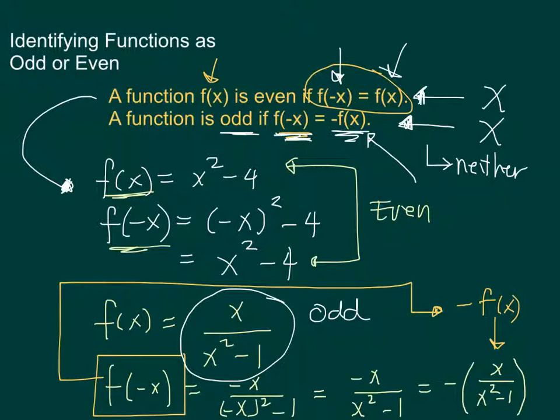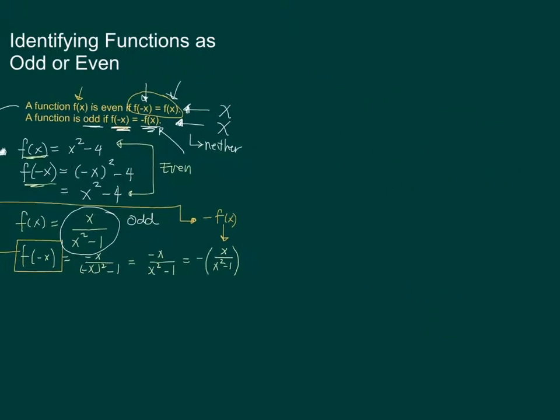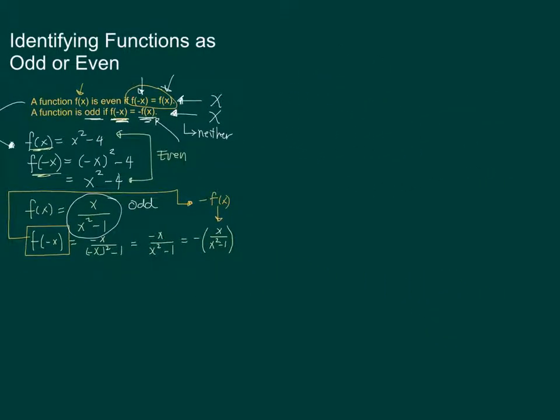Okay, let's take one last example just to get through with the idea. So let's test a function. For example, say I have f of x equals x squared minus 2x.